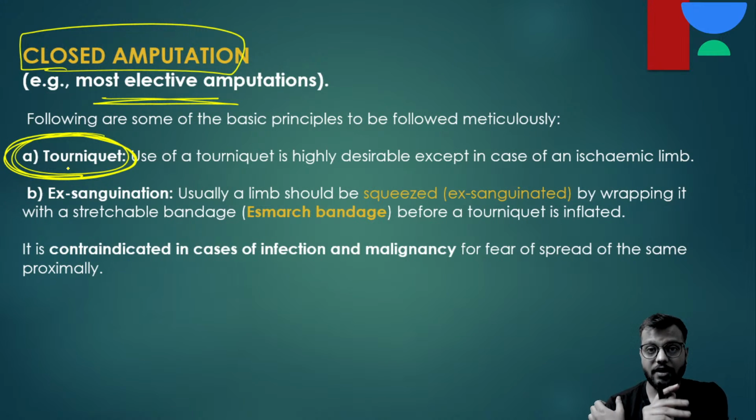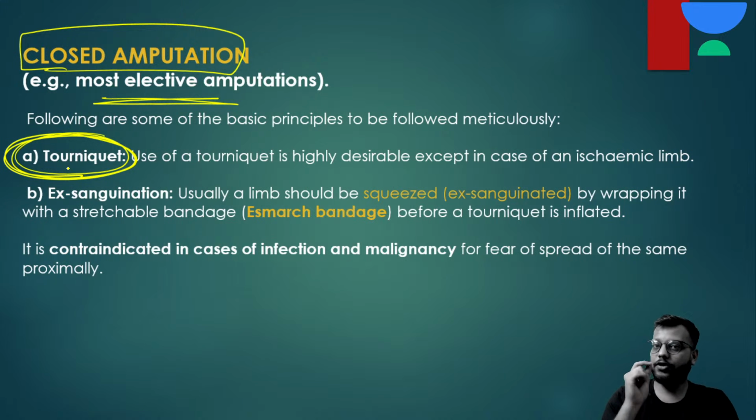Okay, so it is a very serious thing, and it is a part of negligence. If you don't remove the tourniquet or you put it for a longer time... so tourniquet should be used, but very rationally.